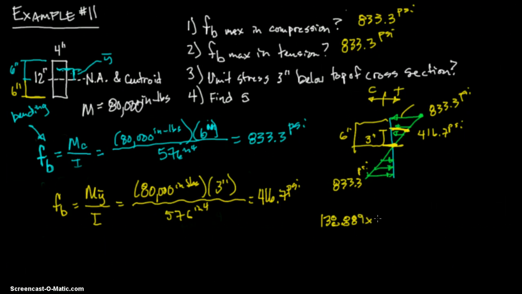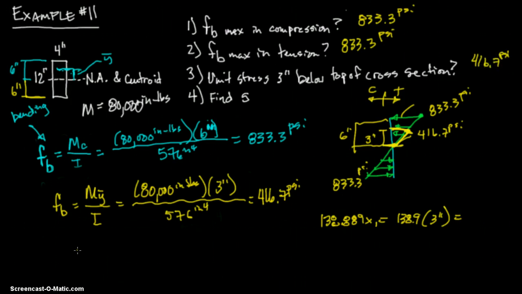Our distance is 3, so when x equals 3, 138.9 times 3 inches equals 416. So that makes sense. That's just doing an equation from here to there to make sure that we're good. And we are. All right, and that is what the unit stress is. So this answer is 416.7 psi.